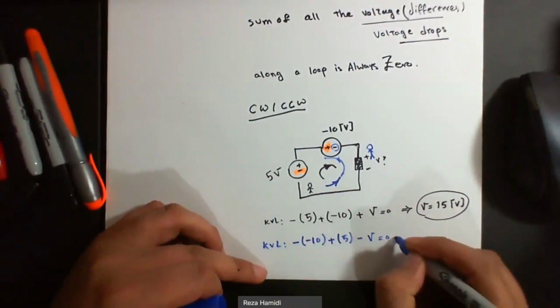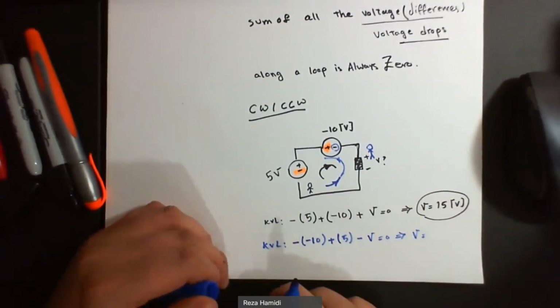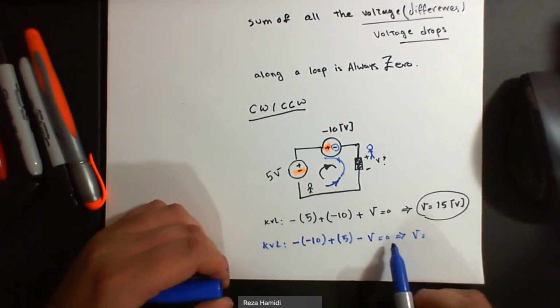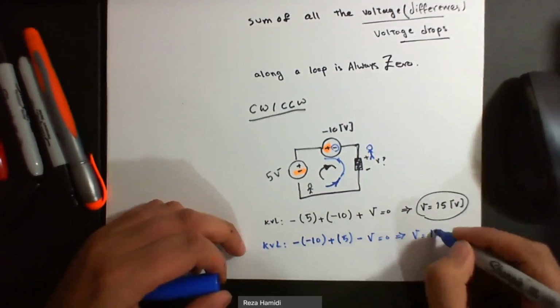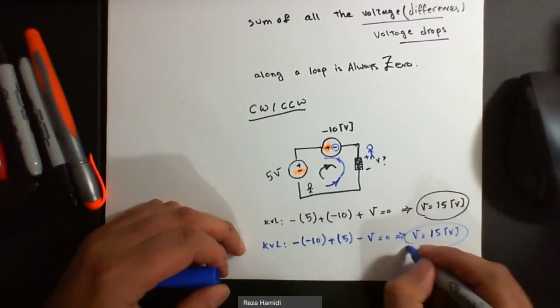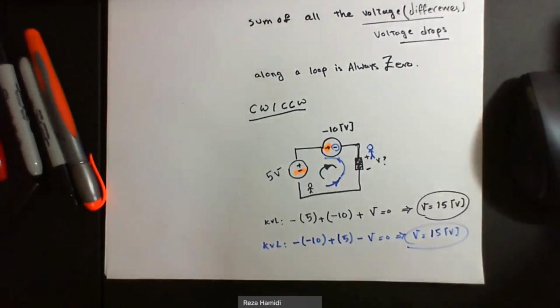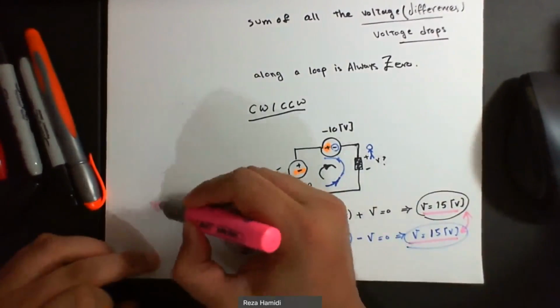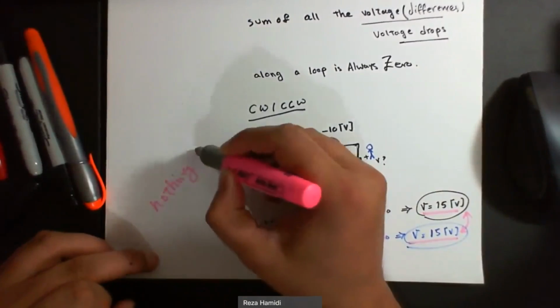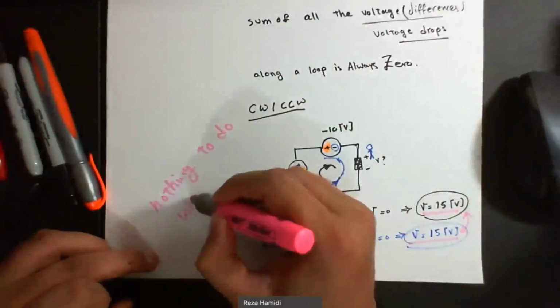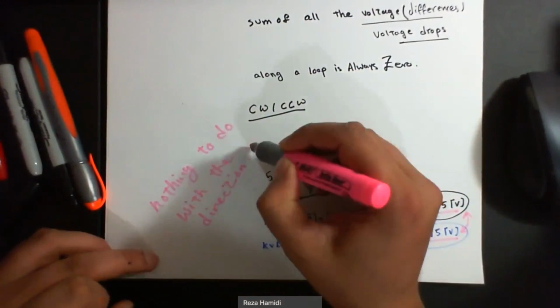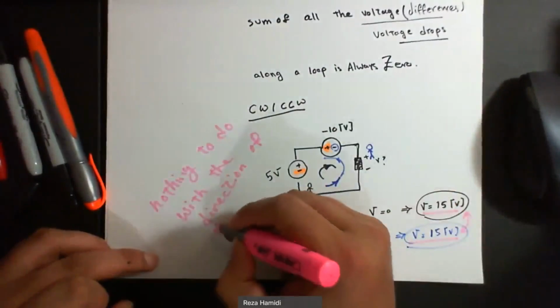V. So how much is V now? 15 goes to the other side. Negative 15, negative cancel out each other, and it's going to be again 15 volts. You can see these two are equal. This voltage and that voltage. It has nothing to do with the direction of the loop.